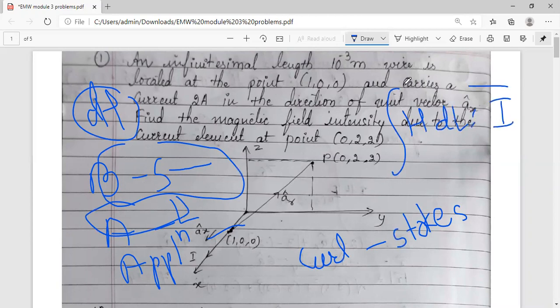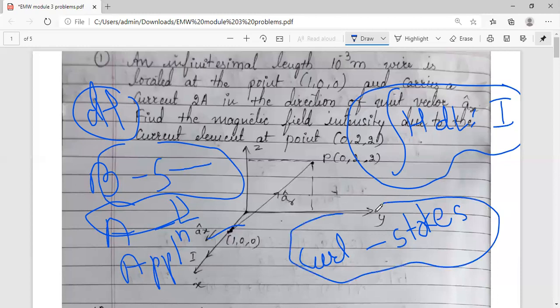So we will see in different problems how we can utilize this equation, and then applying the curl, that is Stokes theorem, that is your Maxwell's equation, del cross H equals J. So related to finding the current density or H, how to apply the curl, all these things we will be looking into.